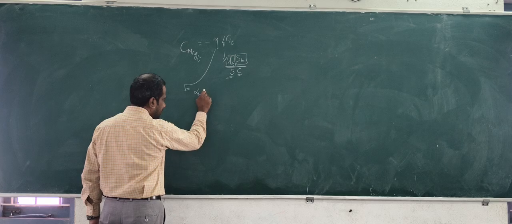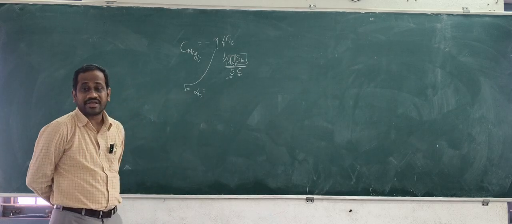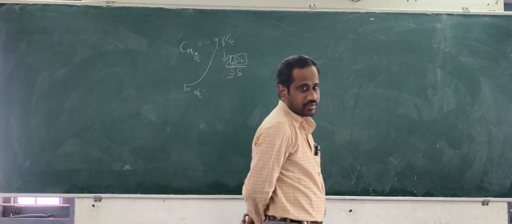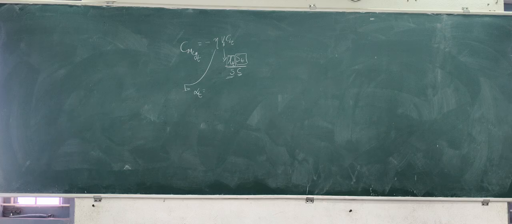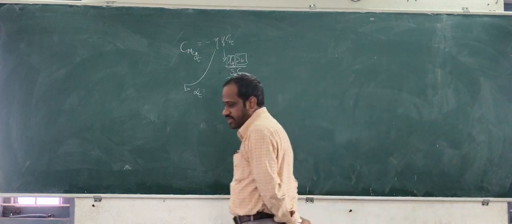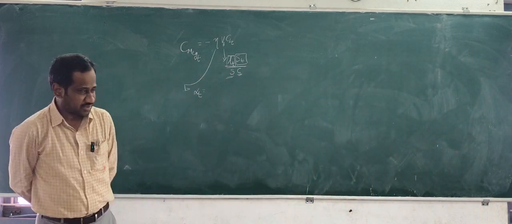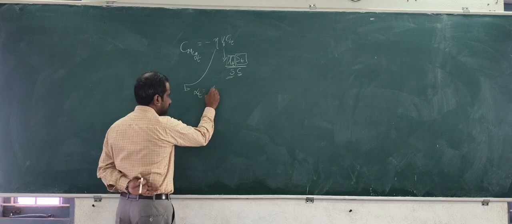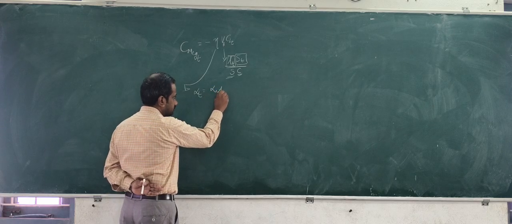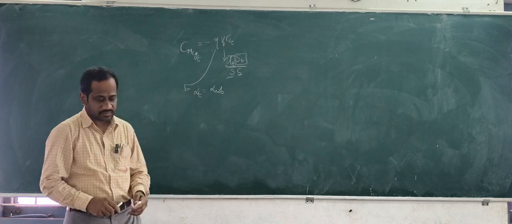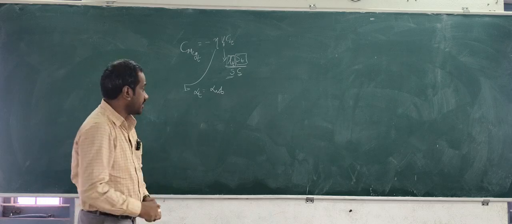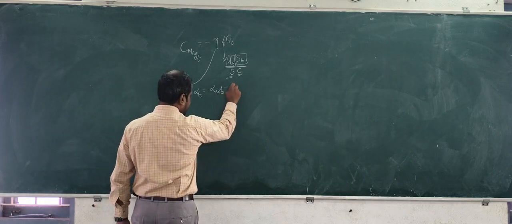Alpha t, just write, all of you. Angle of attack of the tail is equal to, I will tell you some connection, alpha WB minus IT. Just check, all of you.